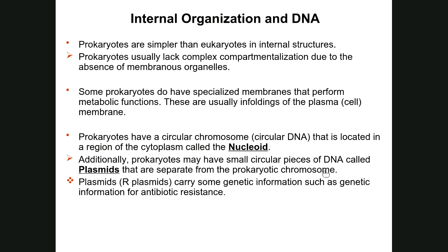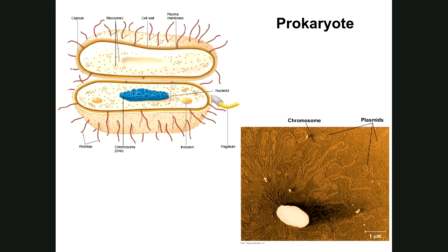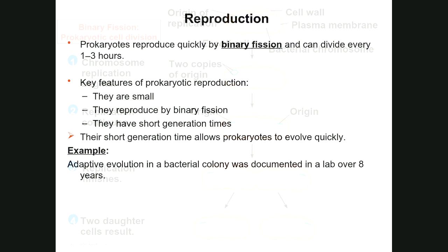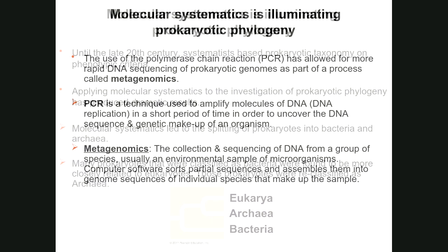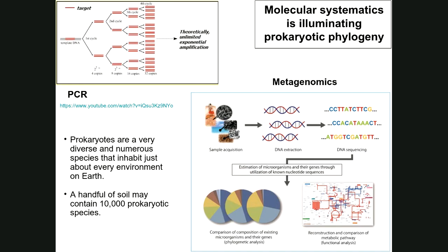But the most popular plasmids when I was an undergrad were called R plasmids, resistance plasmids, if you want to call it that. The reason they were so popular is because they contain genetic information for antibiotic resistance. In addition to that, these small circular pieces of DNA, I'm jumping way ahead, I'll come back to it later.